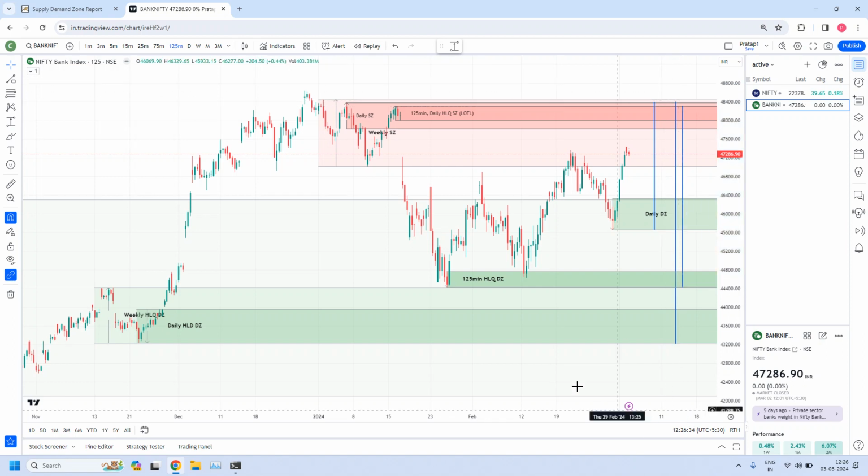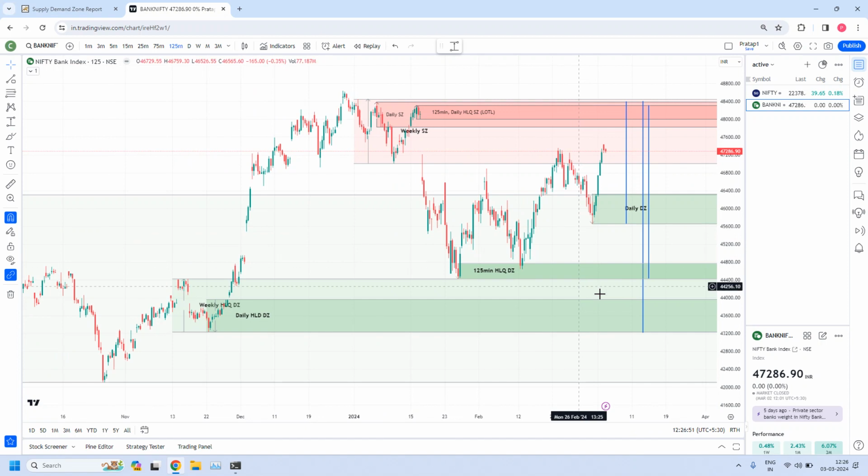That means Nifty will mostly stay within this level during this week. In case this 125 minutes demand zone is violated, below it again we have a daily high liquidity zone. They are very close to each other.